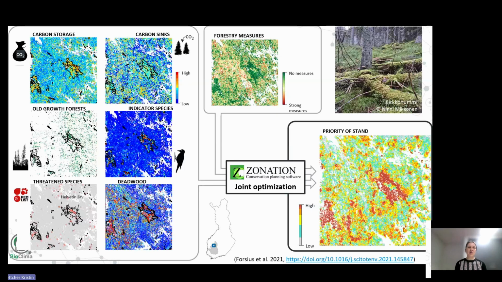And here in this figure, you can see that carbon storage and sinks, as well as biodiversity information, for example, old-growth forest information, bird indicator species, threatened species, and deadwood potential are combined in this joint optimization approach. And then we can define the priority of stands according to carbon or biodiversity goals and considering also different forestry measures.